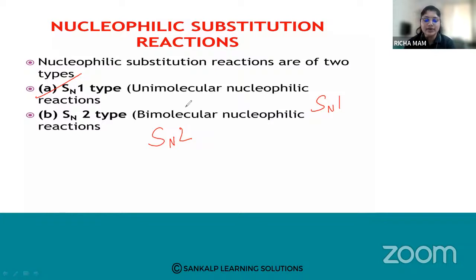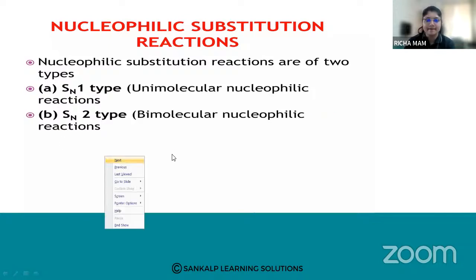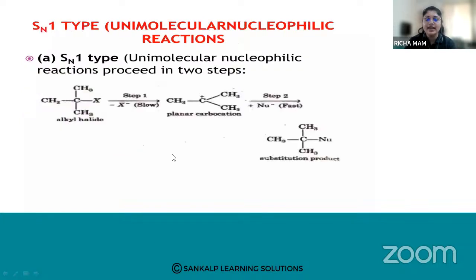Now, when we are discussing the SN1 mechanism, the rate of the reaction. So this is our SN1 type of mechanism. SN1 is a unimolecular nucleophilic reaction.